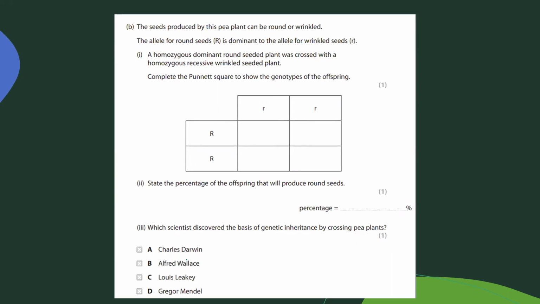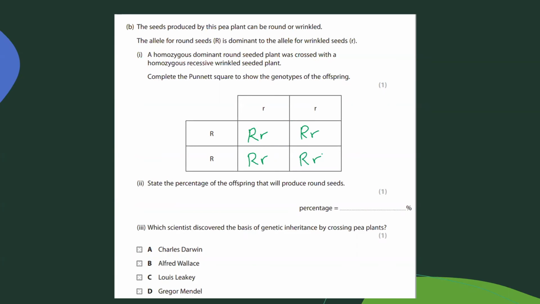Homozygous, they've got 2 of the same genes. Complete the Punnett square to show the genotypes of the offspring. Again, it's the same type of thing. You'll see this again and again and again in exams. It's very similar to the height question, isn't it?